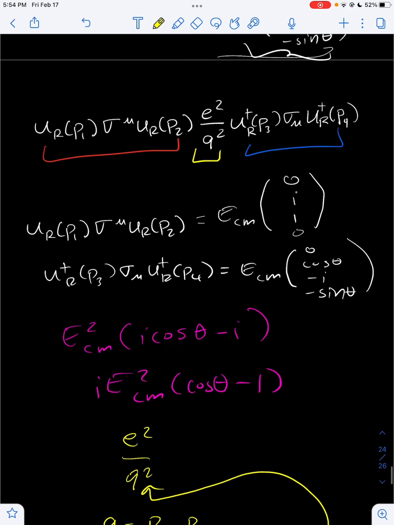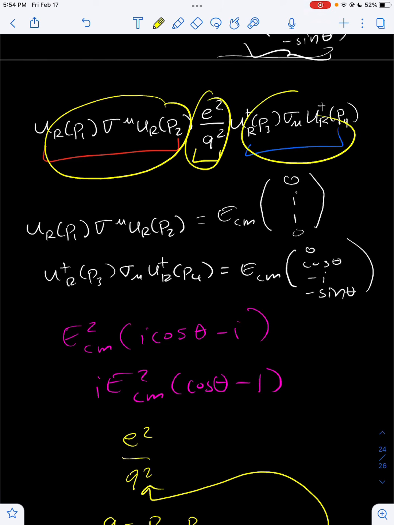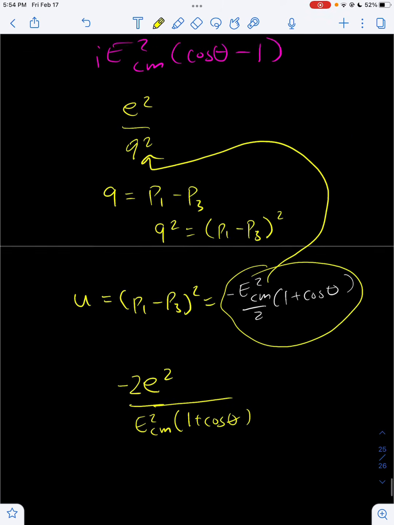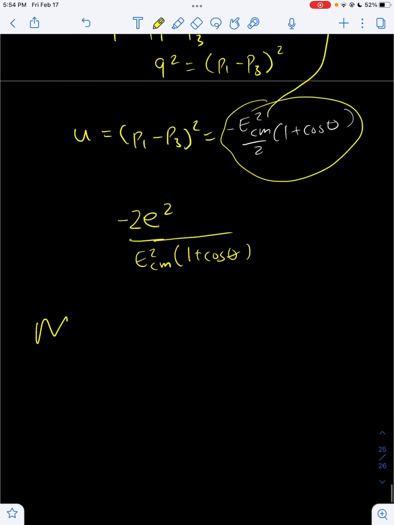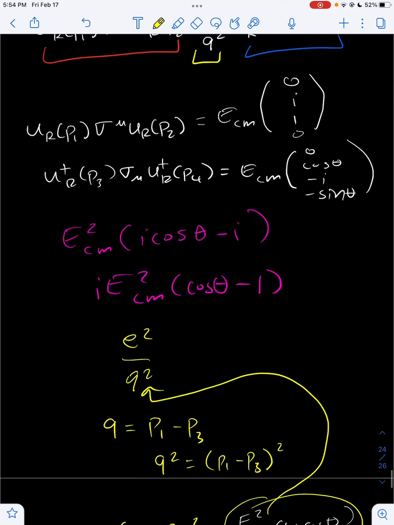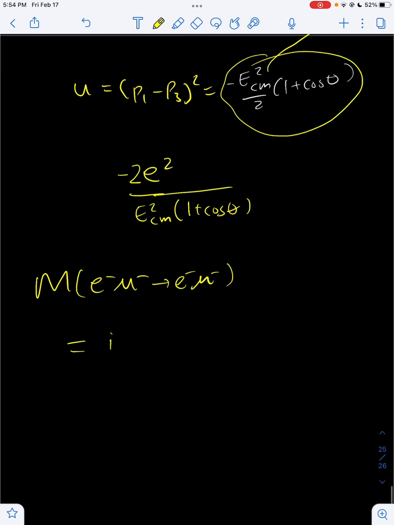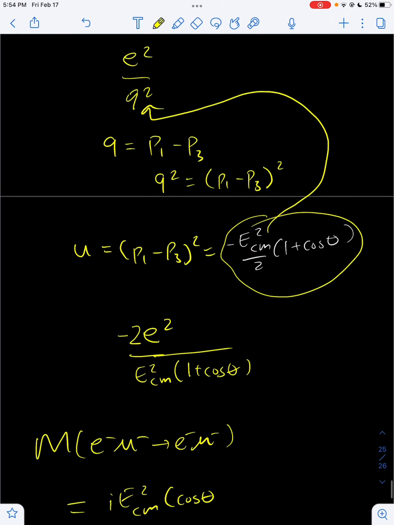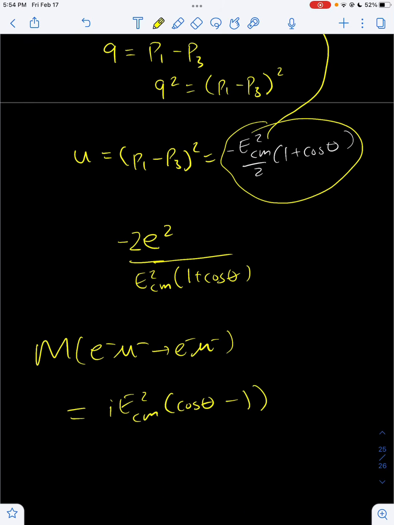And since we are multiplying this product with this over here, our actual answer, the final answer, drumroll please, to the matrix element for electron muon scattering, if they're right chiral, is just going to be I E squared Cm times cosine of theta minus 1, and then times minus 2E squared over E squared Cm 1 plus cosine of theta.